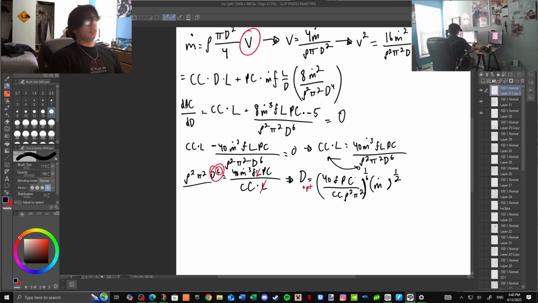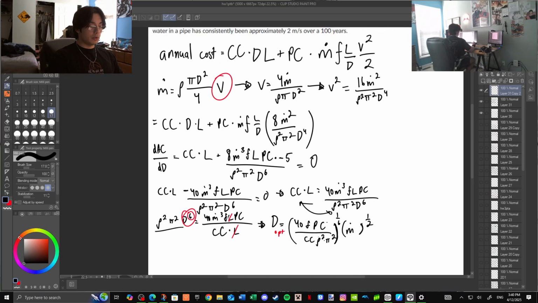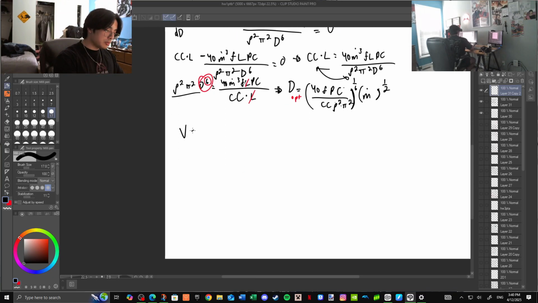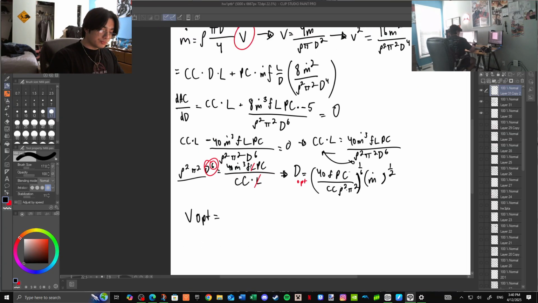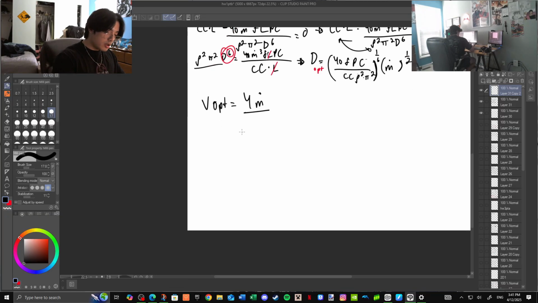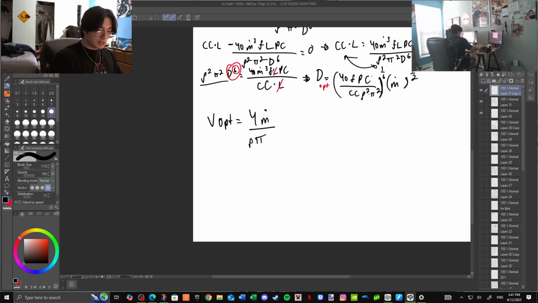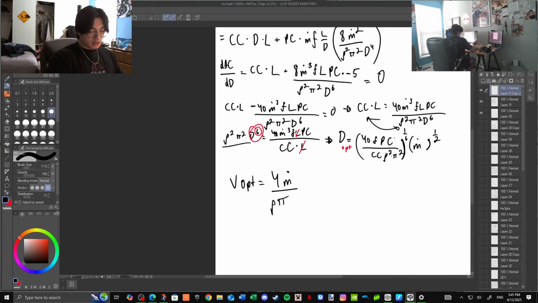So now that we've found the optimal diameter, we can find the optimal velocity. So the equation for the optimal velocity, based off of the equation we found earlier, would be 4 times the mass flow rate over rho times pi and d squared. And so we found that d squared is equal to this. So we need to square this value. And so we square the m to the 1/2 power, you will just get m, and since it will be in the diameter, the m's will actually cancel out.